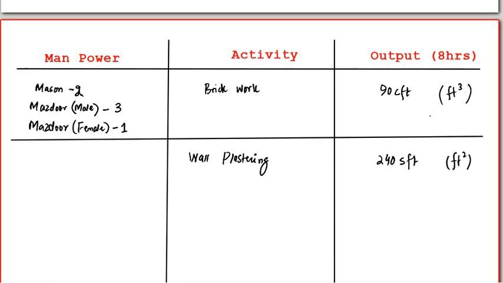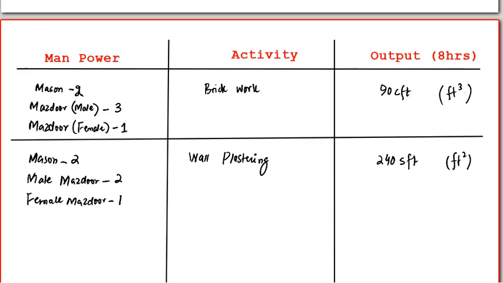So for this amount of wall plastering, you may need 2 masons, 2 male mazdoor, and 1 female mazdoor or labor.